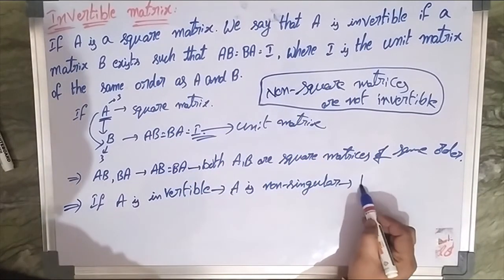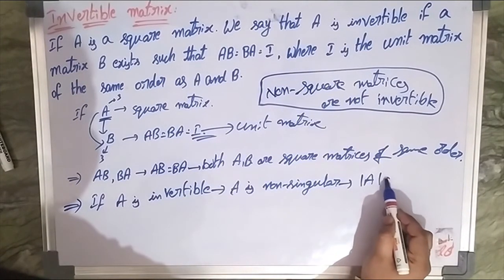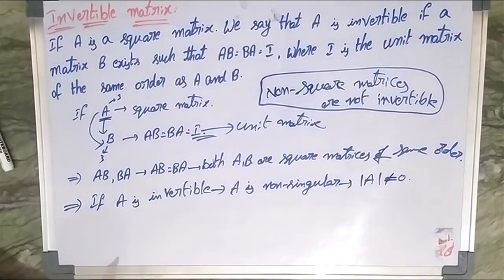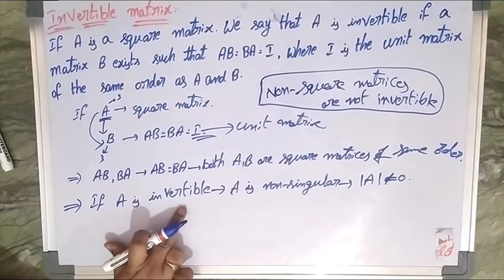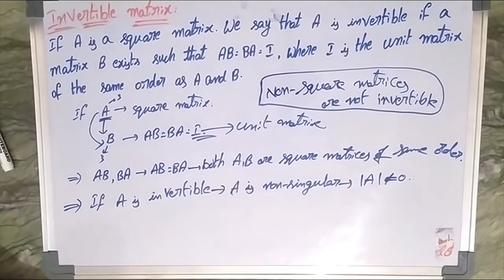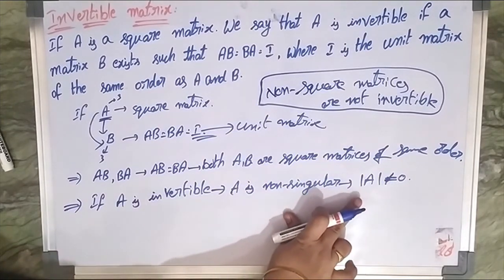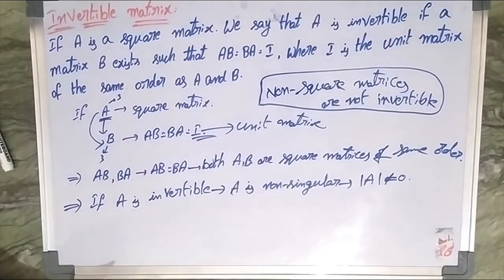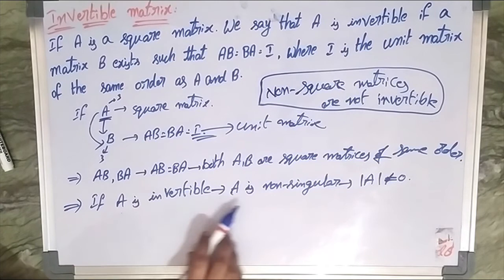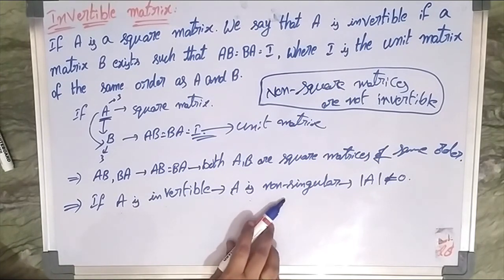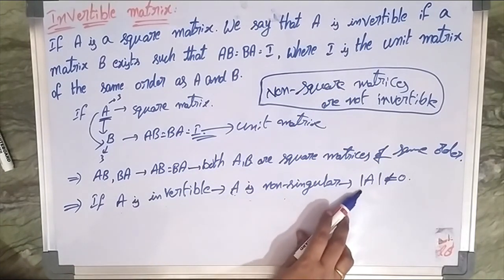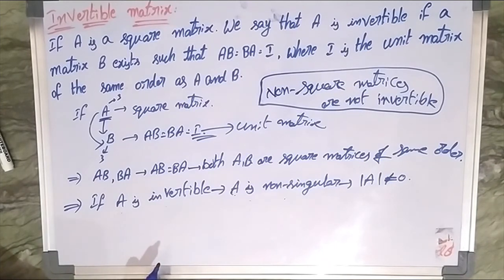Non-singular means that the determinant of A is not equal to 0. If a square matrix A is invertible, A is a non-singular matrix. That means for a non-singular matrix, the determinant of A is not equal to 0.